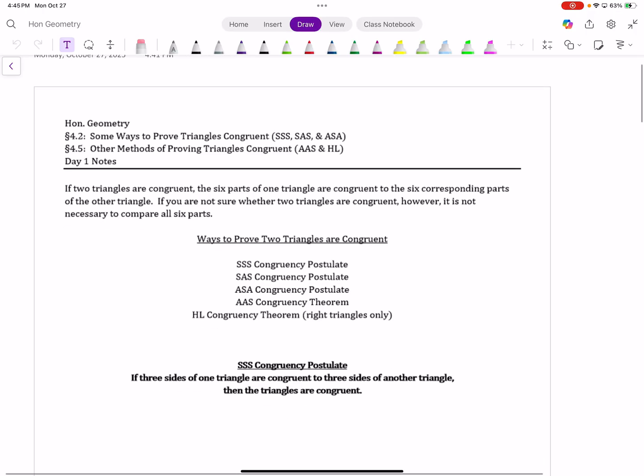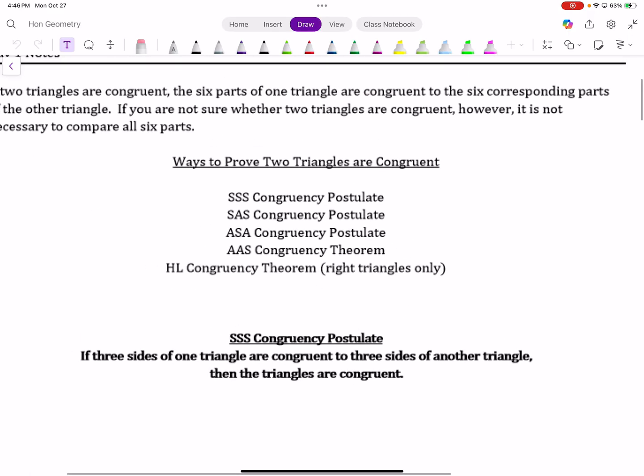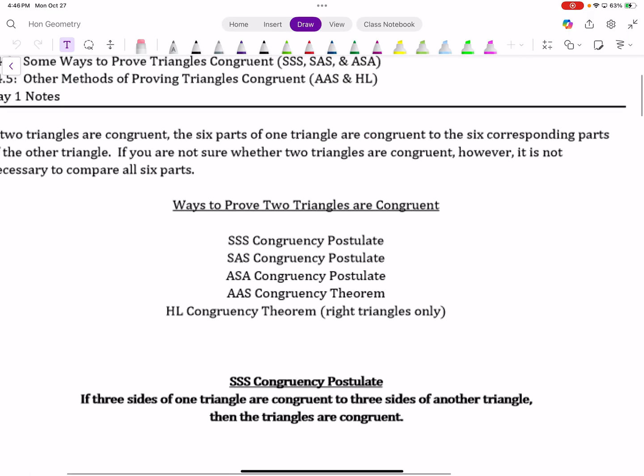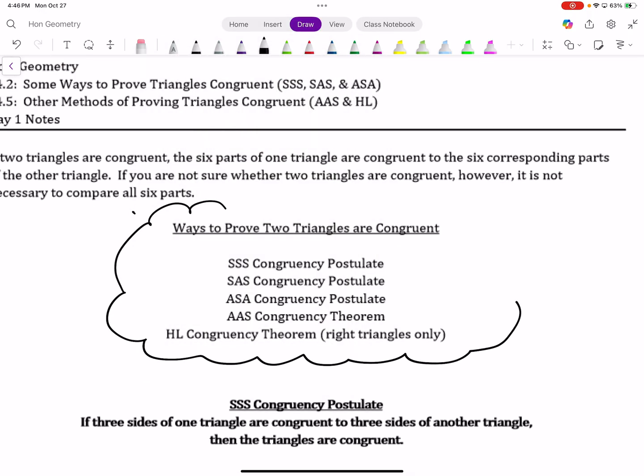Okay, it's all right. So first, if two triangles are congruent, we learned in the last section that the 6 parts of one triangle are congruent to the 6 corresponding parts of the other triangle. And sometimes, though, you don't know going in that the triangles are congruent, and you have to prove that they are. And there are going to be 5 ways to prove it. Here we go. These are the 5.